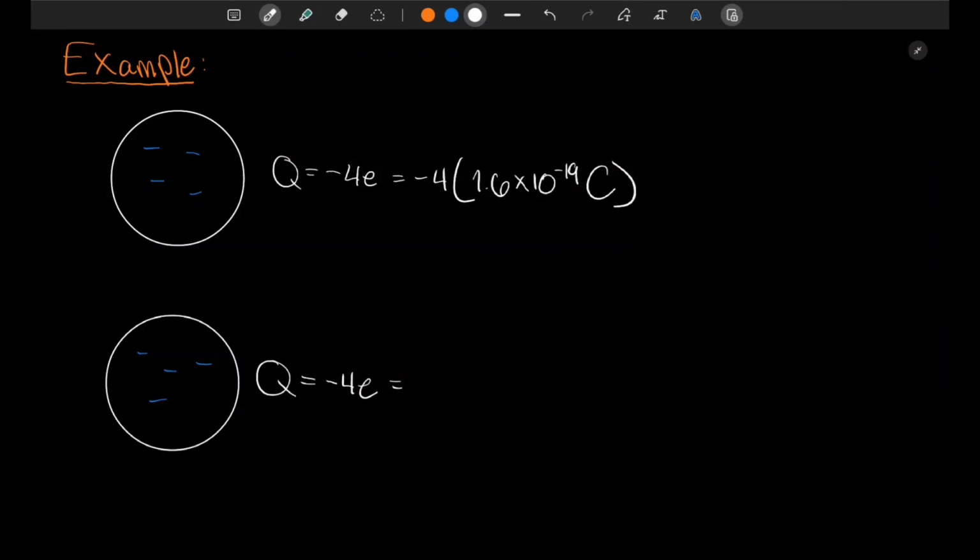So when we multiply 4 by 1.6, we get negative 6.4 times 10 to the negative 19 coulombs, and same on the bottom sphere. So the top and the bottom sphere both have charges of negative 4e, or written in terms of coulombs, a charge of negative 6.4 times 10 to the negative 19 coulombs.